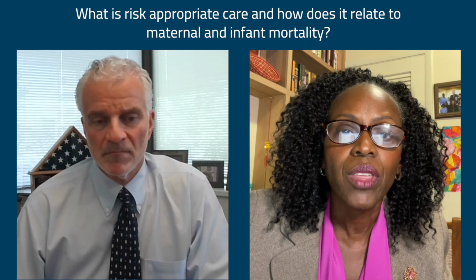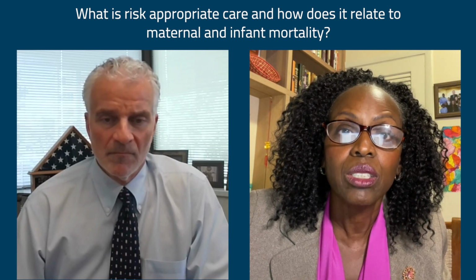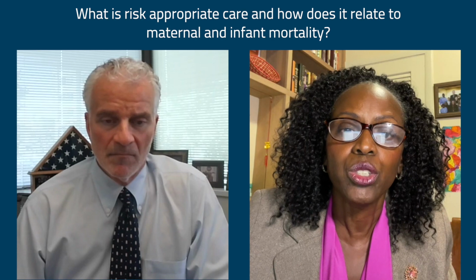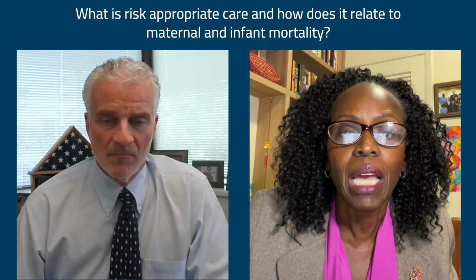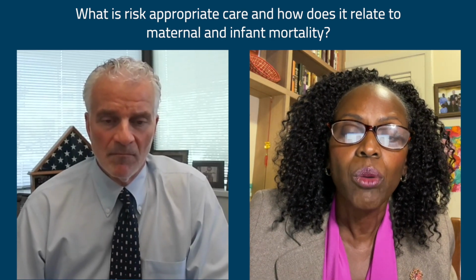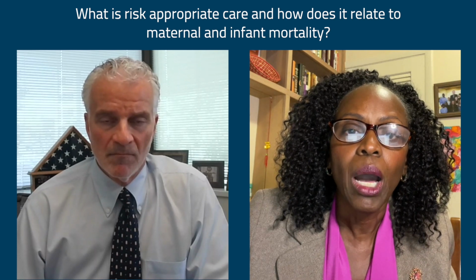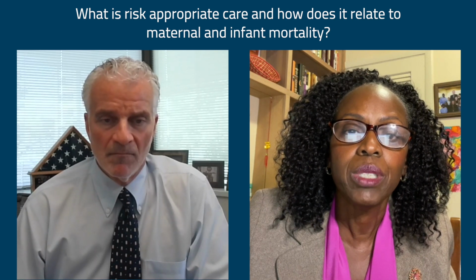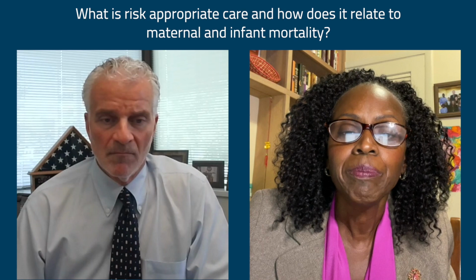But I think another thing that we also need to take into consideration, which is an important issue for ASTHO, is how do public health organizations play a role in helping to support systems of risk-appropriate care.